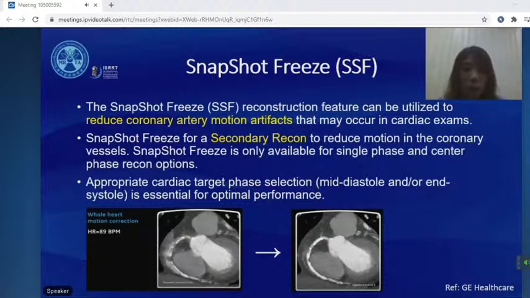SSF is only available for single phase and center phase recon options. Appropriate cardiac target phase selected in mid-diastole and/or end systole is essential for optimal performance. This is an example of heart motion correction. You can see in this image, the coronary arteries are blurred. After SSF, the coronary arteries are very clear.